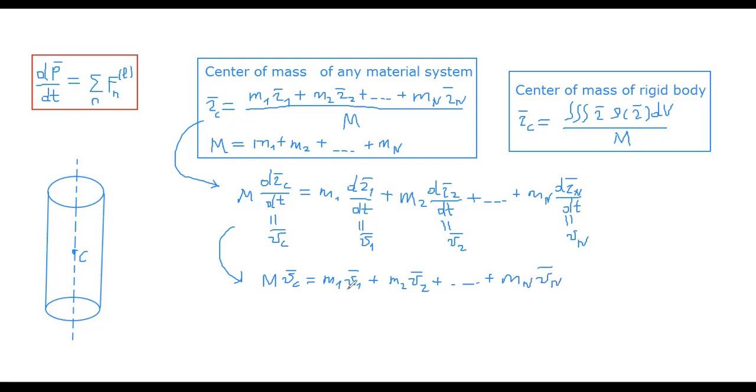But the product of mass and velocity is momentum. So we have the sum of momenta P1 plus P2 plus Pn.